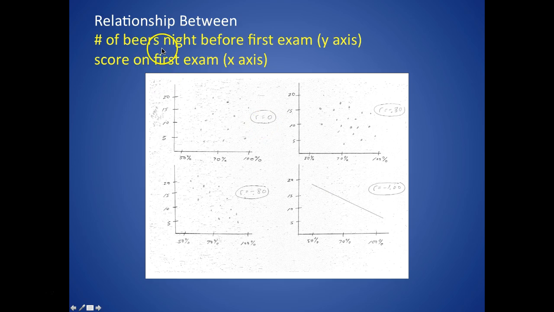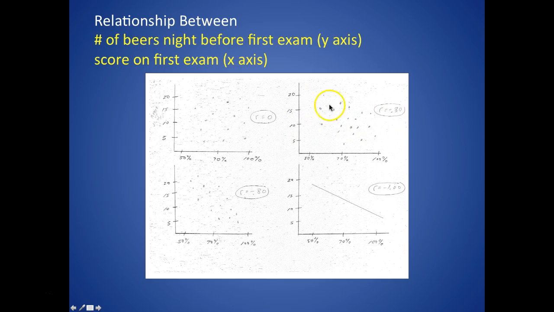Number of beers per night before the first exam on the y-axis, and the score on the x-axis. So again, you can see, depending on the figure you get for the correlation coefficient, in this case, you're getting a negative. So the more beer you drink, the lower the score on the test.